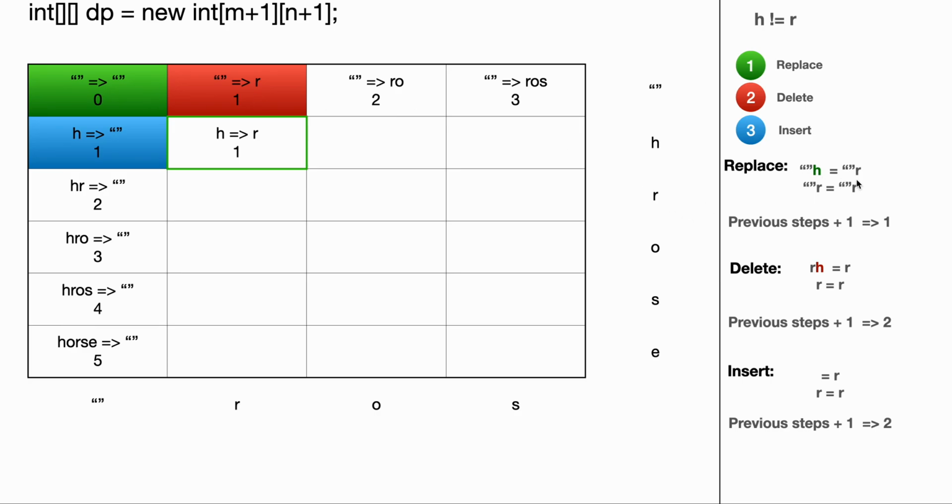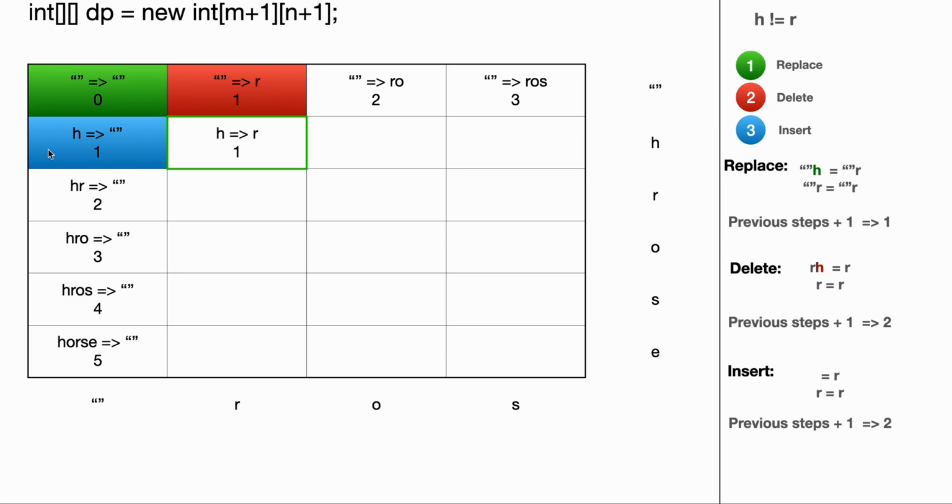For this replace operation, the empty substring is replaced with an empty substring with zero cost. So for now, we just have to replace this h with r, so it will become equal. And for the delete operation, there is a string r before h, so we just have to delete this h character so that it will become equal.